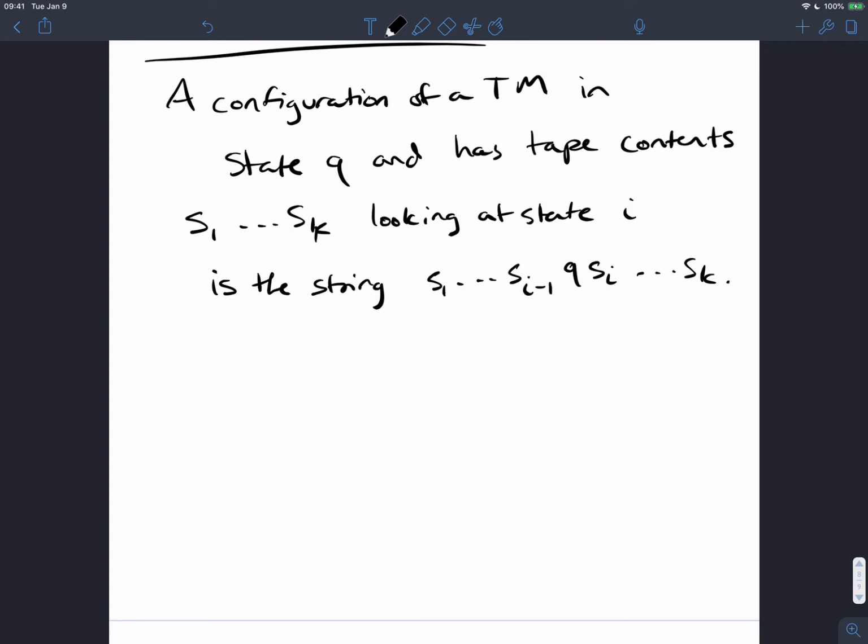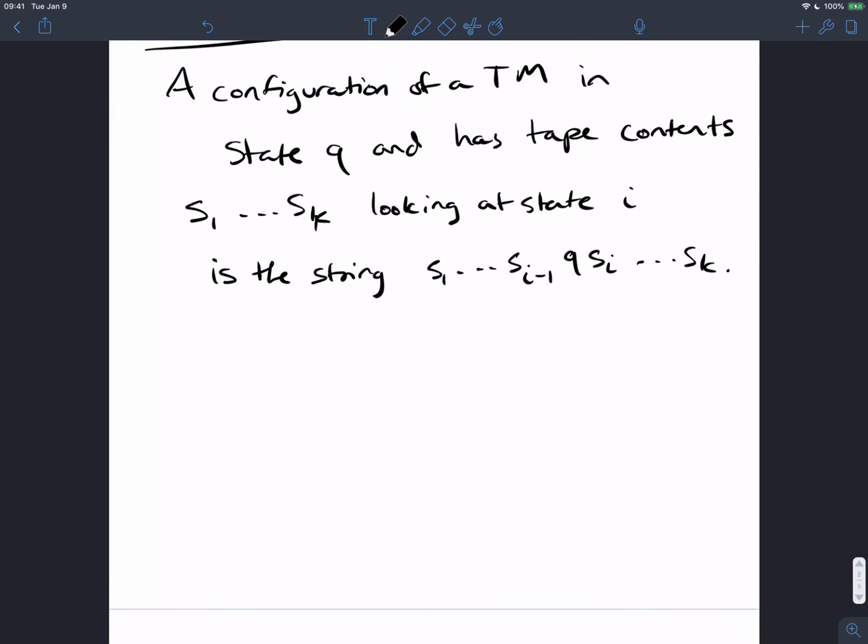Okay, so let's actually define computation. The computation idea is just, I give you the starting configuration, which is right when I start up the machine, and I'm going to make a whole bunch of configurations in order, and one is going to be derived from the last one via a single transition.